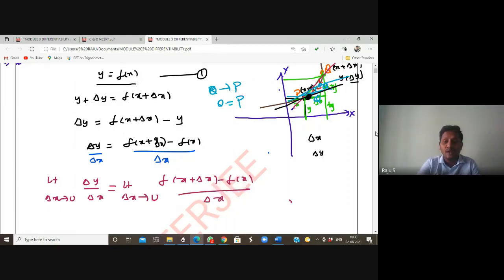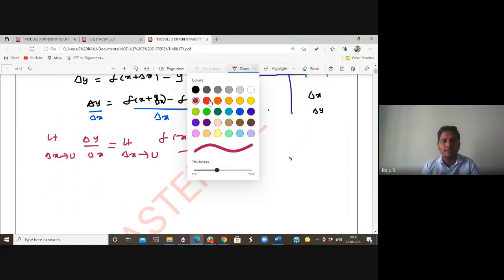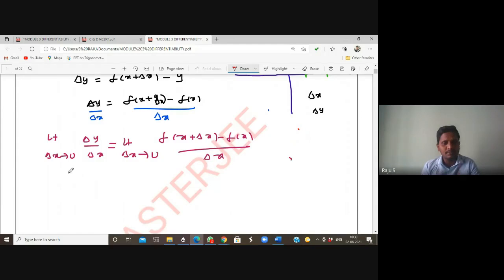Now this is the actual dy by dx. In the first principle of calculus, we simply write f dash of x. f dash of x is equal to this value, which we write as dy by dx.